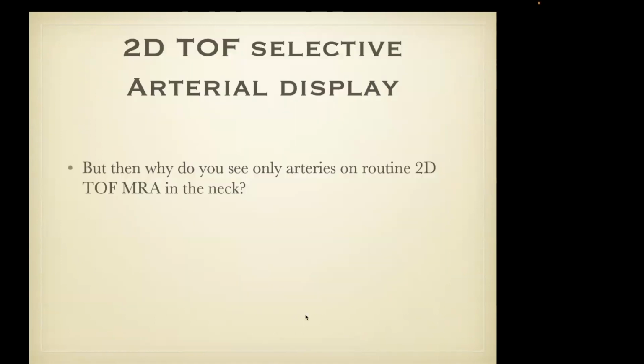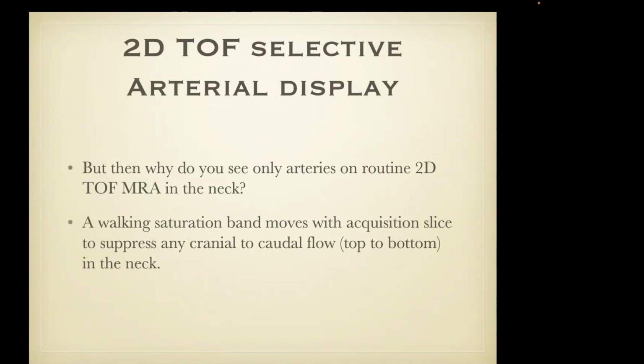But now I would ask you to consider, why is it that you only see the arteries when you do a routine 2D time of flight study in the neck? Because why shouldn't we see the arteries on the top slices and say the veins on the lower slices? And that's because we use what's called a walking saturation band.